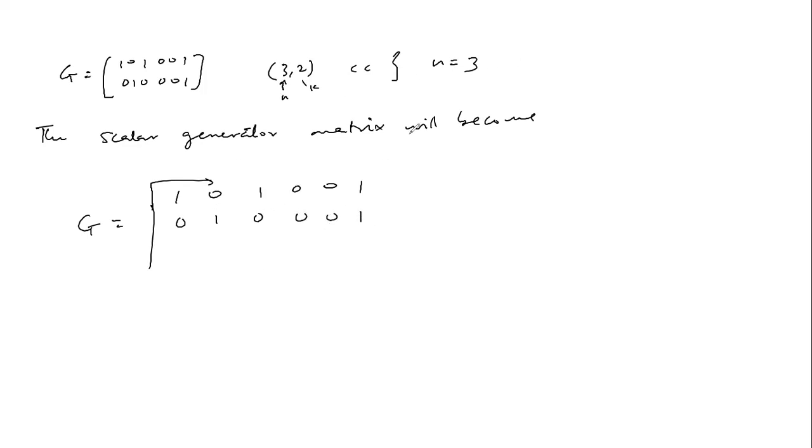And since this we all shift by the block length 3, so that's 1, 2, 3. So we start coming from 1, repeat this again, 0, 1, 0, 0, 1, and 0, 1, 0, 0, 0, 1.